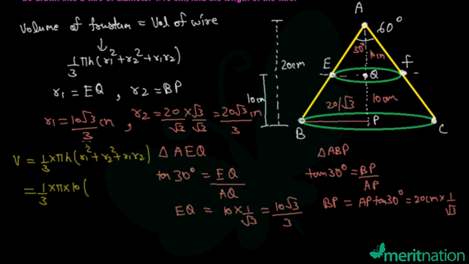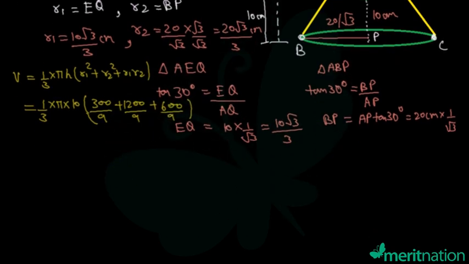R1 square, (10 root 3 by 3) square, that would be 10 square, so 100 into root 3 square, 3, so it would be 300 by 9, plus R2 square, that would be 1200 by 9, plus R1 into R2, that would be 600 by 9.